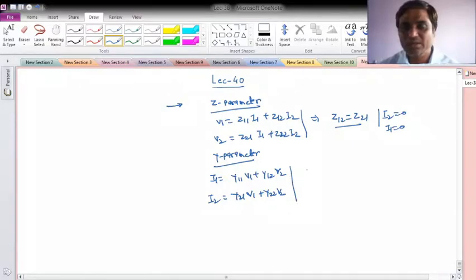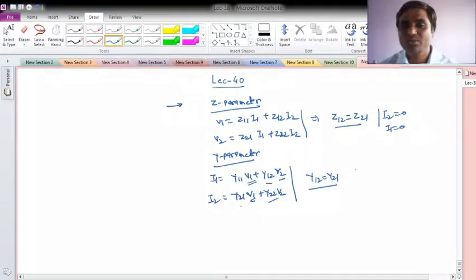To calculate Y11, Y12, Y21, Y22, we do short circuiting. First short circuit port 2 to compute Y11 and Y21. Next short circuit port 1, so V1 will be 0, and you will get Y12 and Y22. If the reciprocity property is satisfied by the network, then Y12 will be equal to Y21.